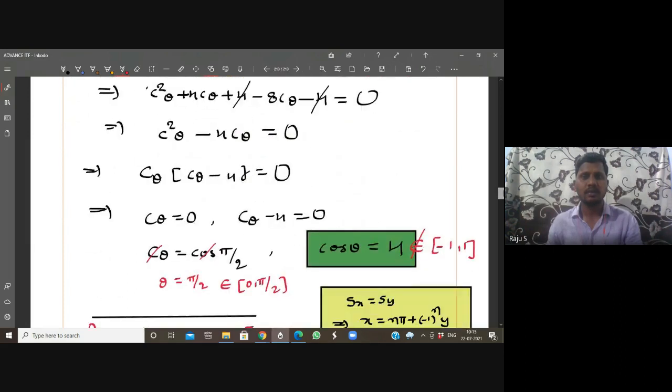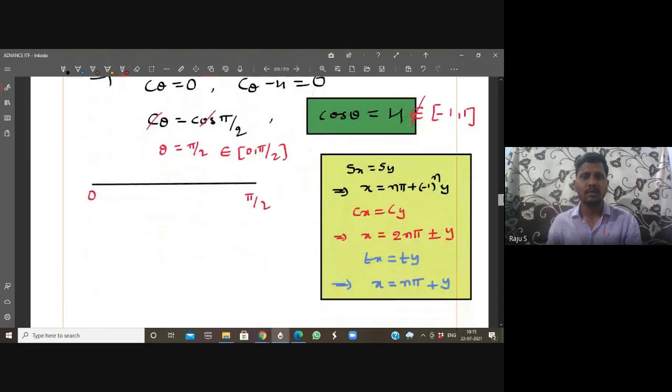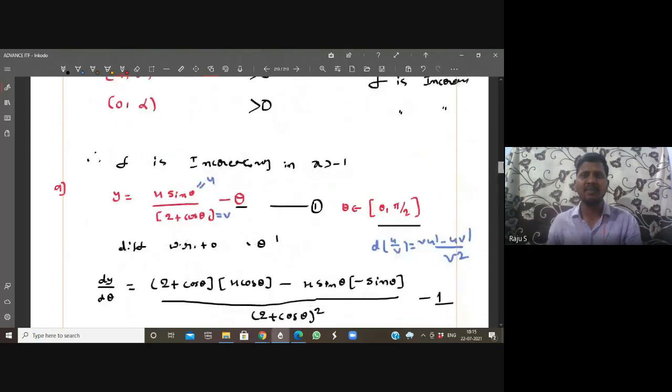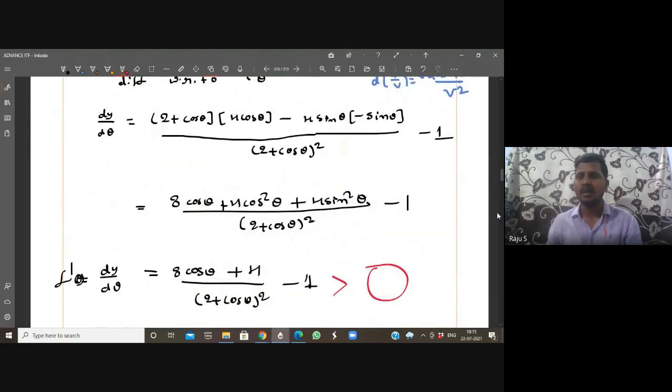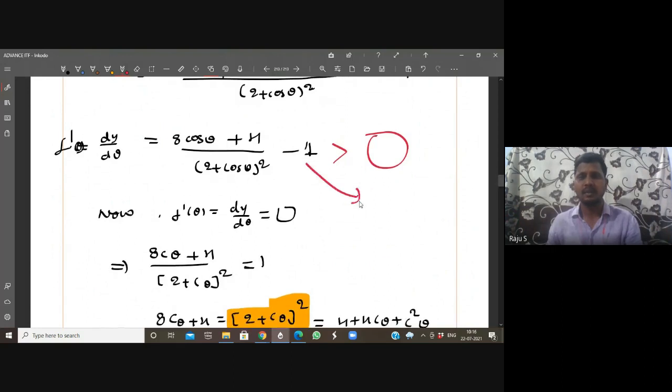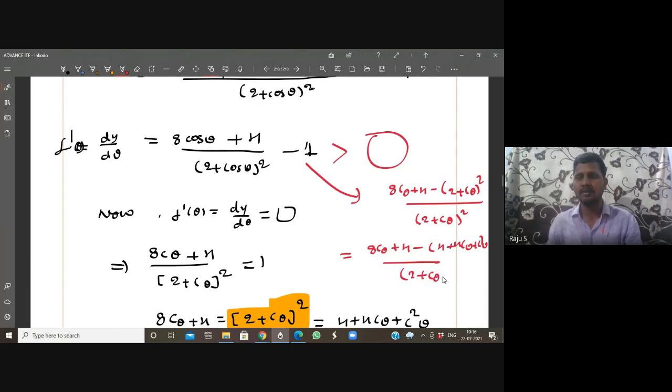After simplifying, take the LCM: 8 cos theta + 4 minus (4 + 4 cos theta + cos square theta), over (2 + cos theta) the whole square.